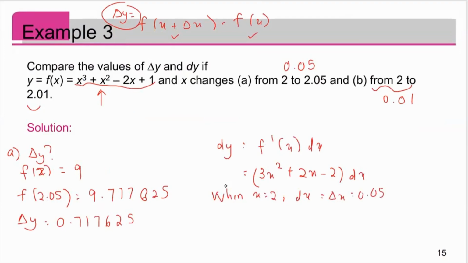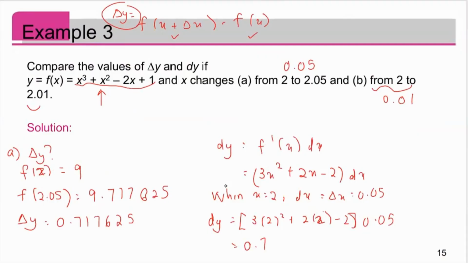So we are going to have dy equal to, put in the bracket here, 3 times 2 squared plus 2 times 2 minus 2. I need to put the square bracket to be consistent. So dx is 0.05. Then you just press your calculator. You get that the value for dy here is 0.7.